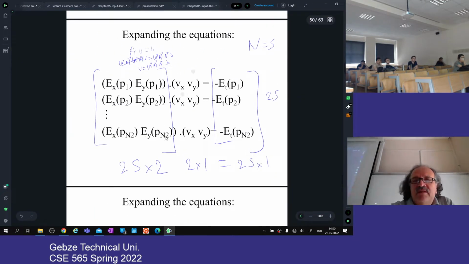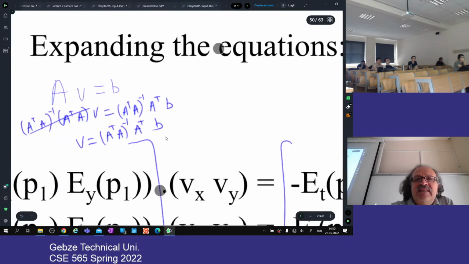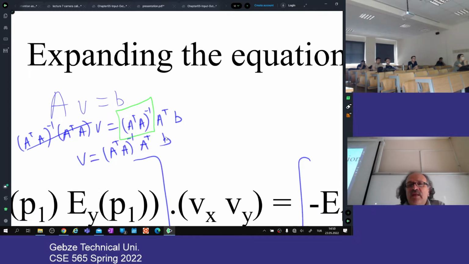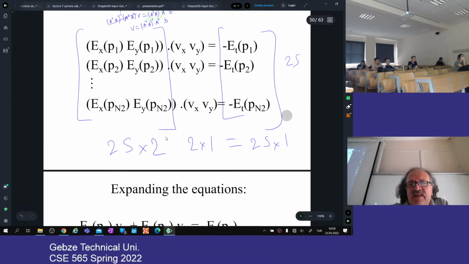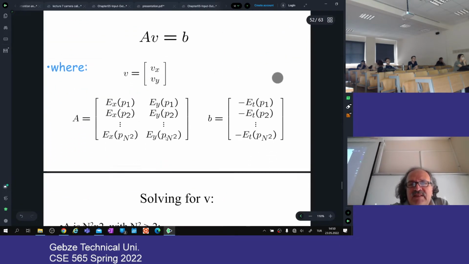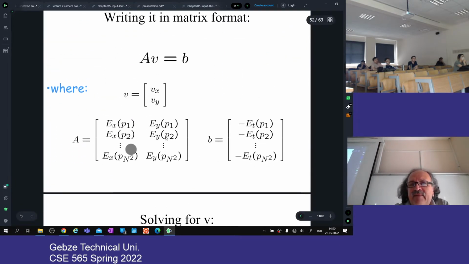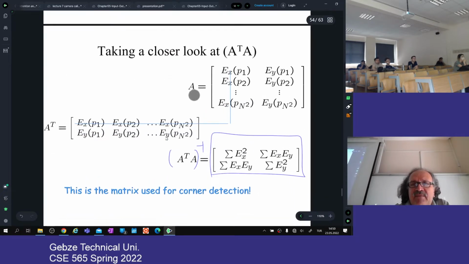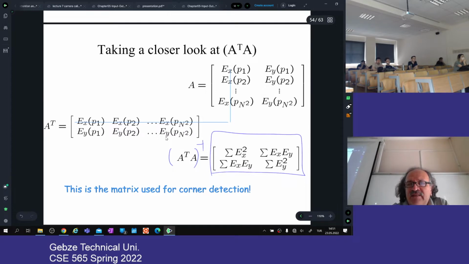But the thing is that this one has to be invertible. This 2 by 2 matrix has to be invertible. Let's see what kind of a matrix we have in there. If I multiply AT by A, as we have seen last time, I get this 2 by 2 nice matrix, and this is something we are familiar with.